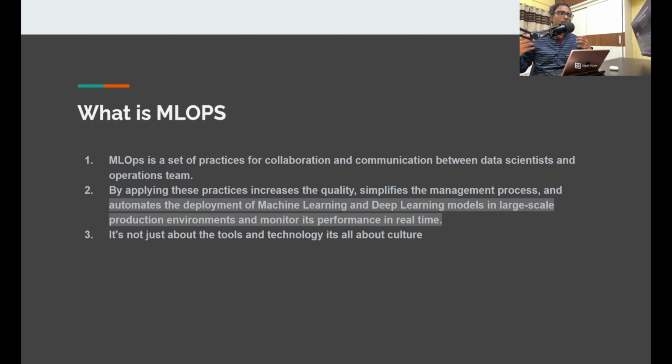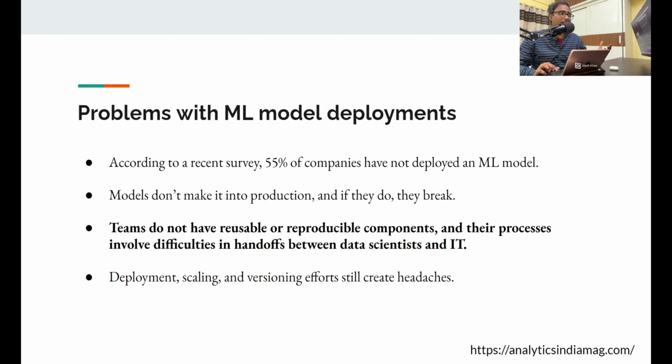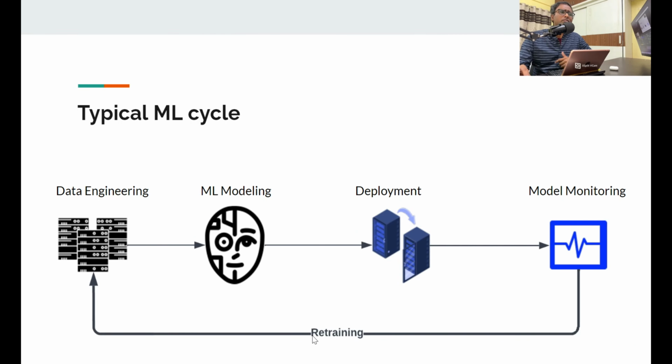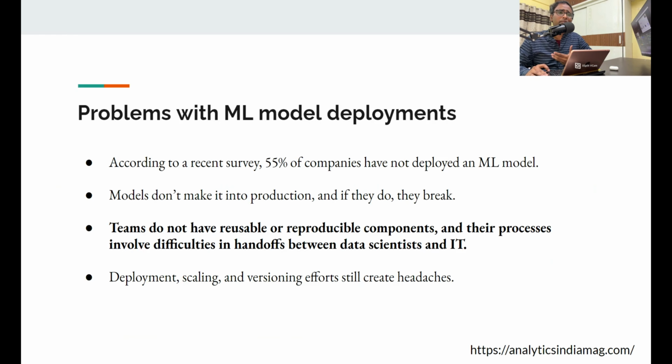I can say it's more about automating the deployment of your model, right? So it could be automatic retraining, as we just saw here. If my model is not performing well, retrain it automatically with very minimal human intervention. That's what I mean by automated, right?